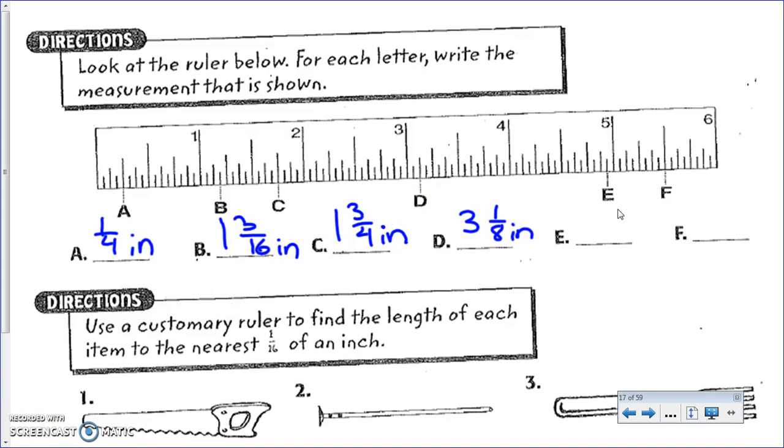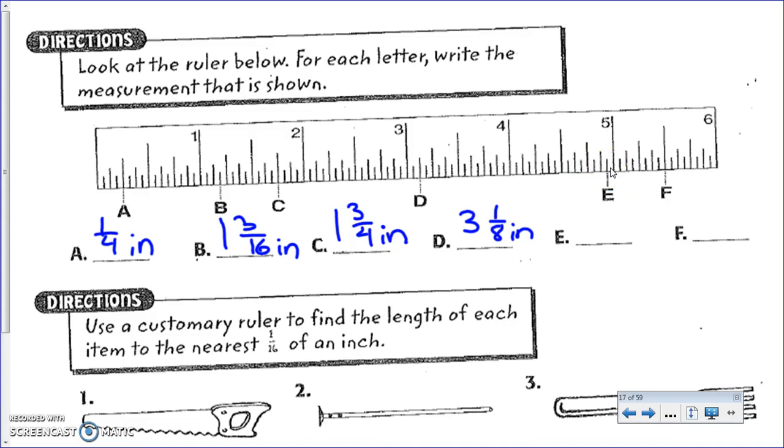For E, we're past the 4 inches and almost up to the 5 inches. So we know it's sitting on the 16ths. We can either count all the lines and count up, or we can tell it's 1/16 away from 5. So we know it's going to be 4 and 15/16. It's the same thing if you count 1/16, 2/16, 3/16, 4/16, 5/16, 6/16, 7/16, 8/16, also 1/2, 9/16, 10/16, 11/16, 12/16, 13/16, 14/16, and then 15/16.